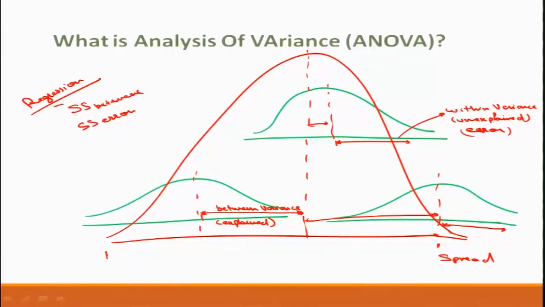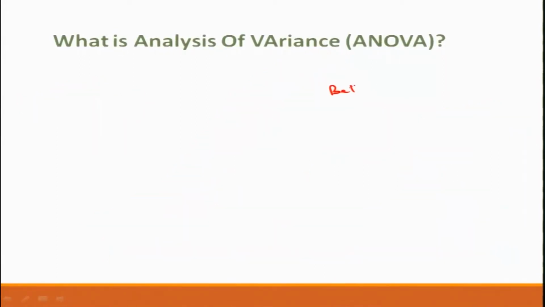So, these terms we will use here to see how ANOVA works. So, this between and within variance tells us about the significance of difference.